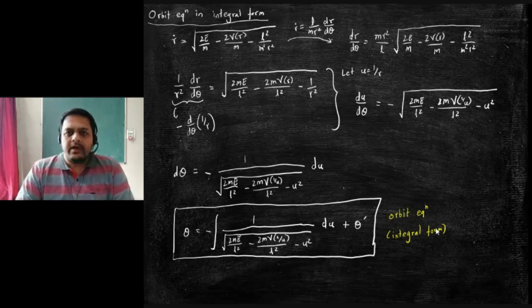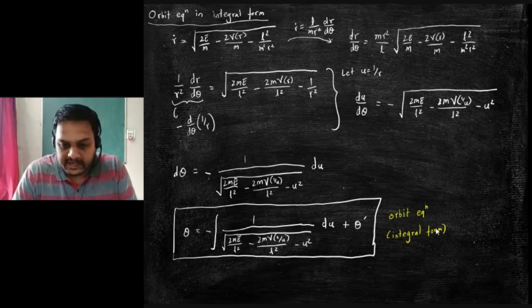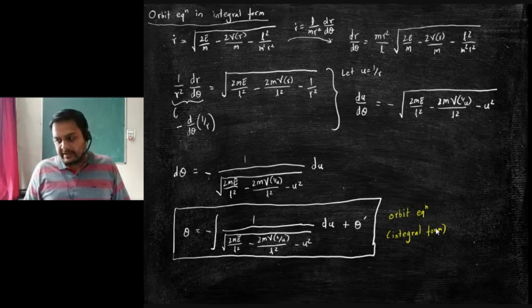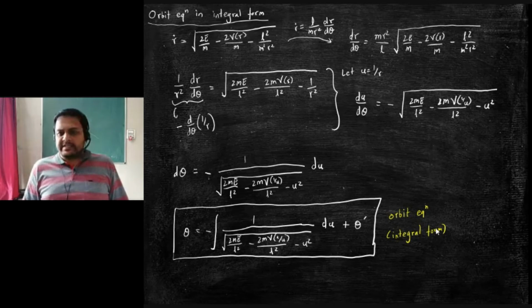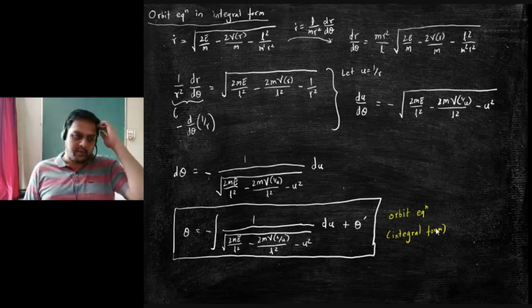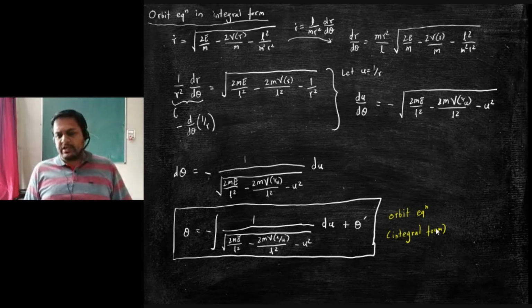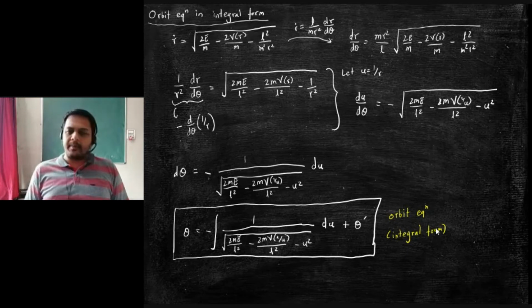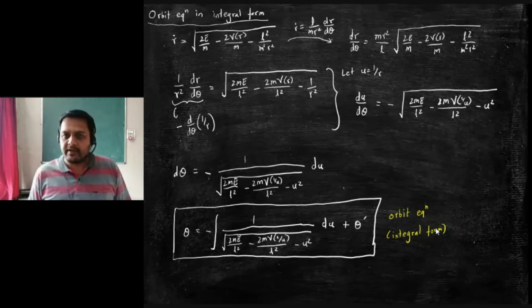solution. Why we emphasize writing down the differential form separately and the integral form separately? I think this is important from a numerical standpoint, from the standpoint of solving this problem numerically. Suppose it is not analytically doable. There are very few problems which are analytically doable. If you want to do it numerically, then it is much better to recast your entire problem in terms of an integral equation, because integration numerically is trivial.